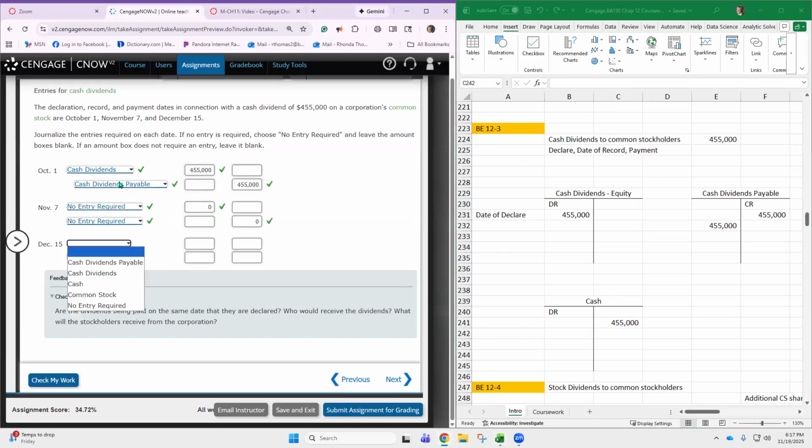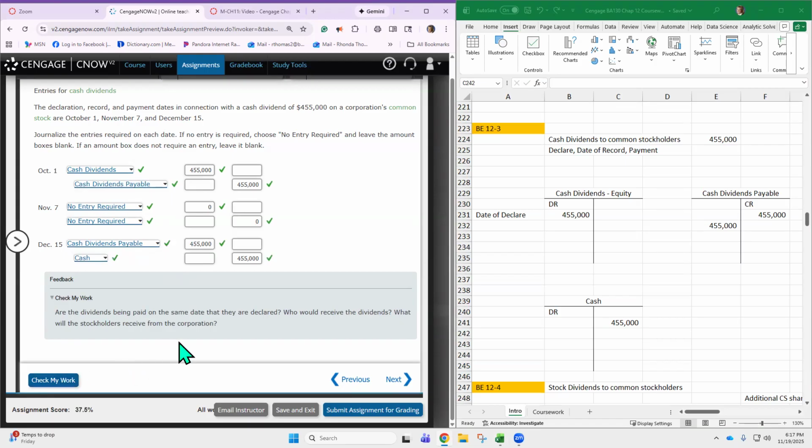So a debit to that dividend payable to send it out, and we're going to cut a check from the cash account for all of those dividends, so the shareholders receive them. So it took, what, a month and a half, 2 months and a half, pretty much 2.5 months to say, here's our dividends, and then here's when we're going to send them out.